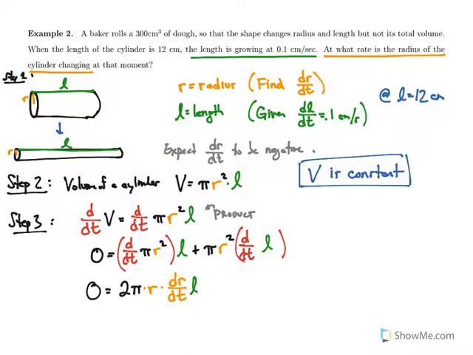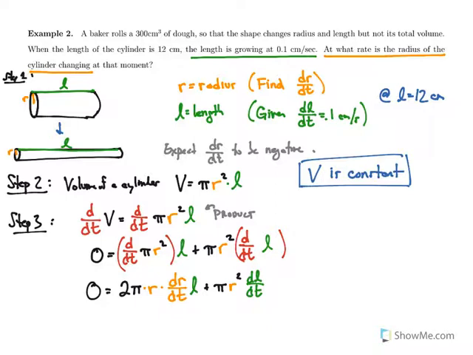R is a function of t. We have to take the derivative of the inside. On the right, we have pi R squared, and then the derivative of L, dL/dt.